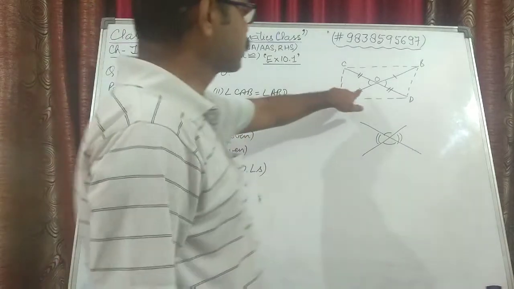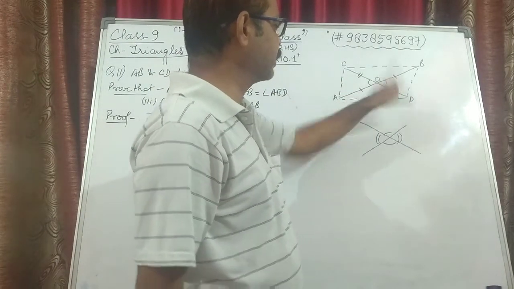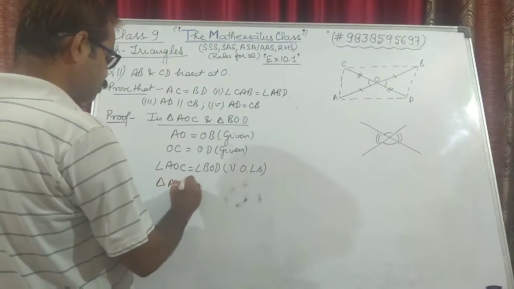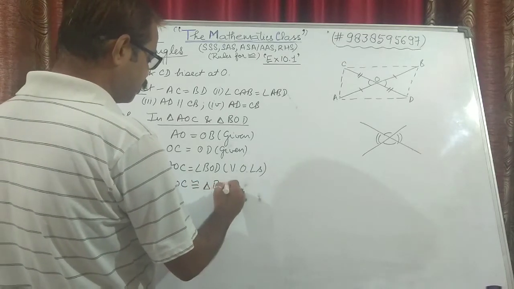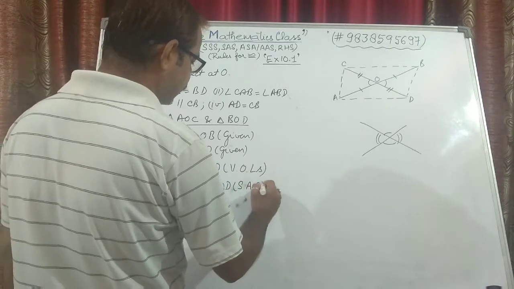So side angle side and corresponding side angle side. So we can say triangle AOC is congruent to triangle BOD by what rule? Side angle side rule.